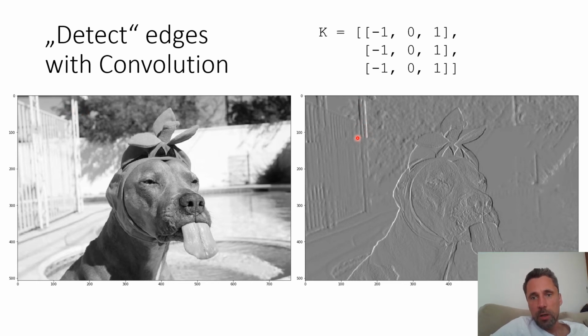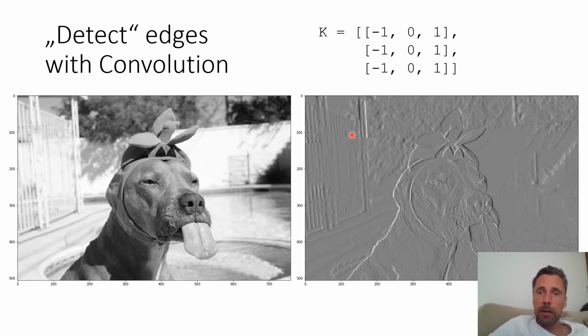So this is a negative edge, although edges, remember, are binary, so this is not yet binarized. And then this more or less vertical contour here of the dog is very well highlighted.